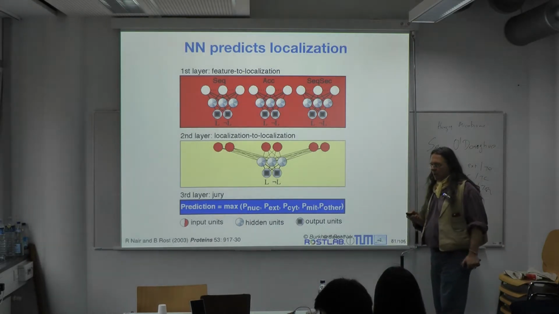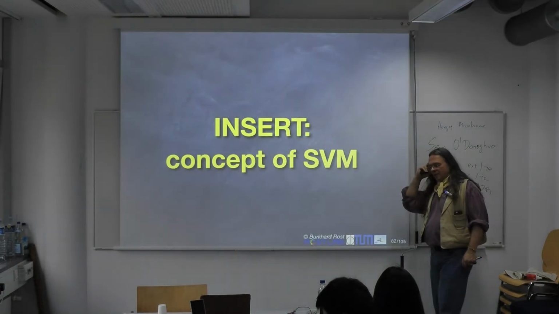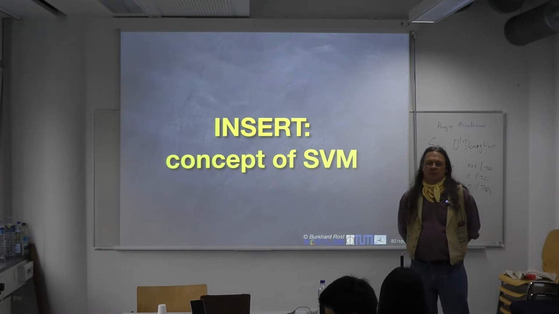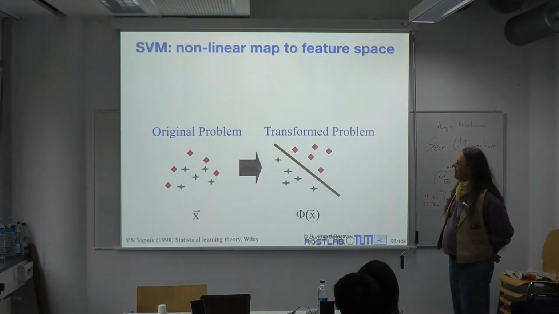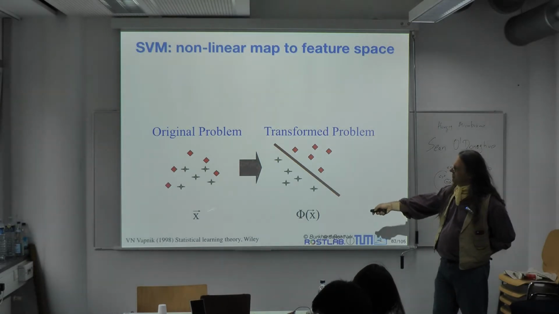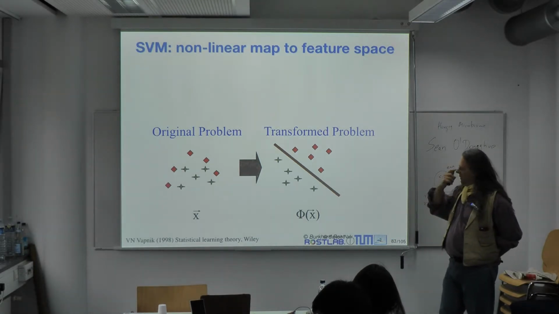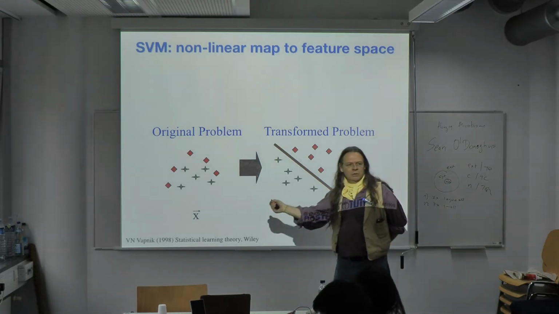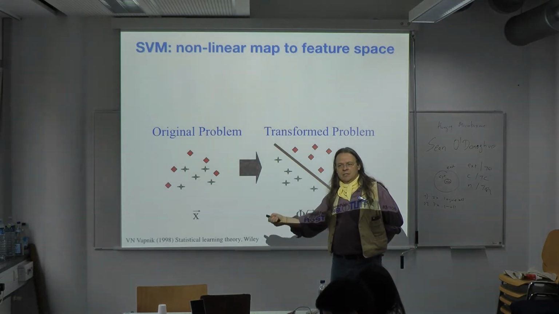Now, what's the difference between the SVM and the neural network? Let's begin with a math idea. The original problem is you want to separate out these points, and in fact, you cannot separate out the problem. In the neural network, what you do is you blow up the number of hidden units.